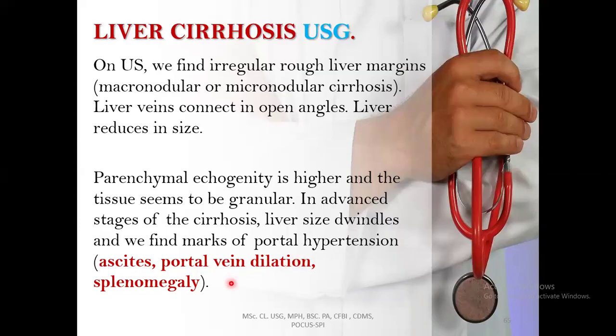Why splenomegaly? Because I told you that the portal vein drains three main organs: the intestines, the pancreas, the spleen. You understand? The spleen. Do you understand? So the GIT in particular, it is the portal vein that drains it. Do you get it?